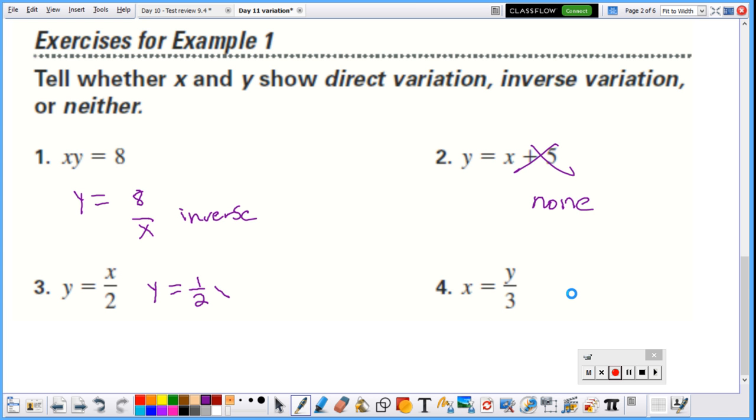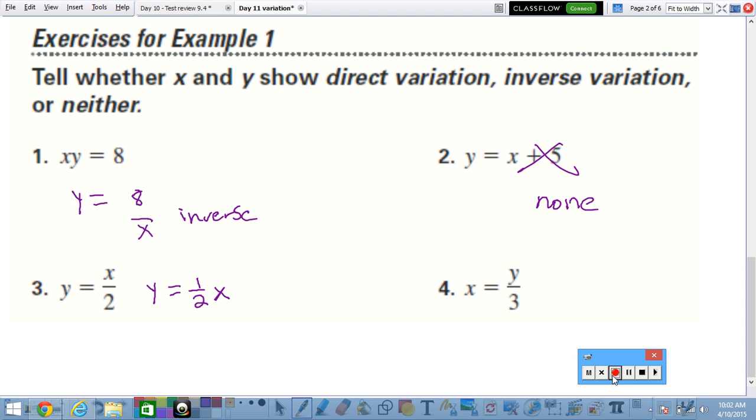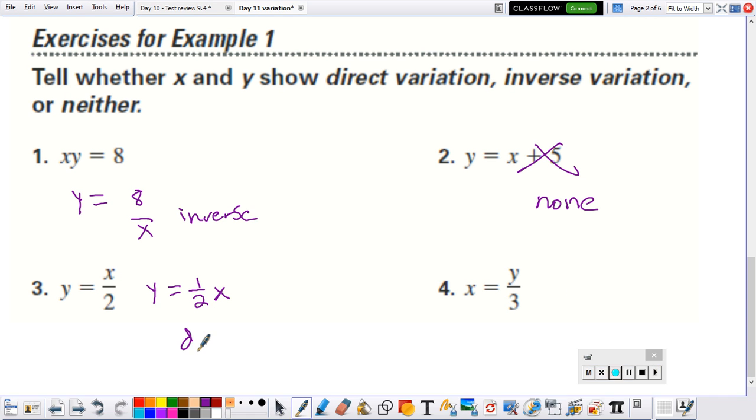So that's direct variation. Now, some people are going to be like, it's 1/2, it's dividing it by 2. Yeah, y is still going up, it's just going up slowly. And number 4, if you solve it for y, it's going to be y equals 3x, which is also direct.